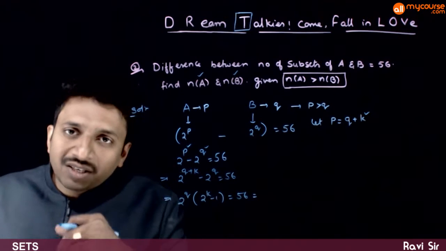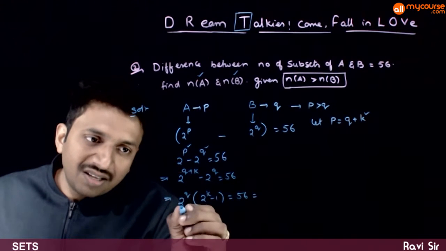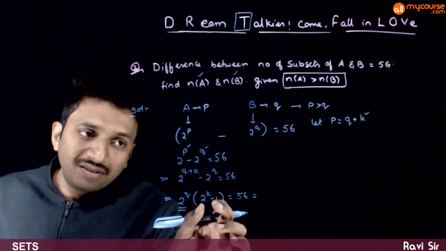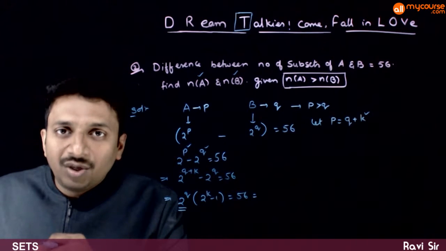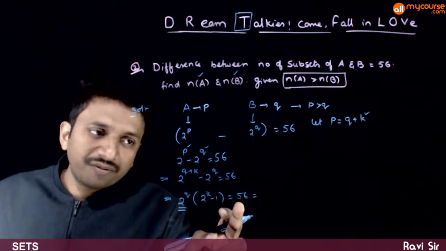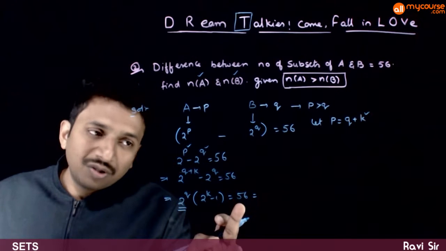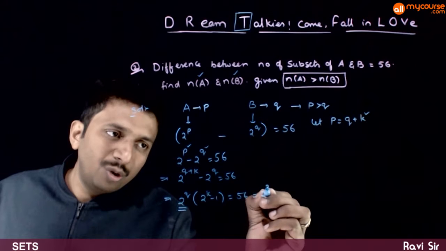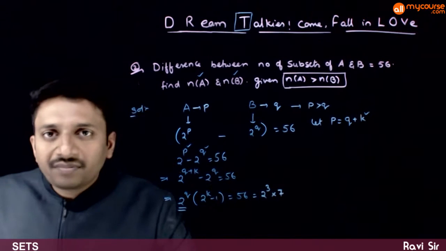So what is the prime factorization of 56? As you can see, this has 2 power something, and this other factor is an odd number. It does not have a 2 in it. The prime factorization of 56 is 8 into 7, that is 2 cube into 7.